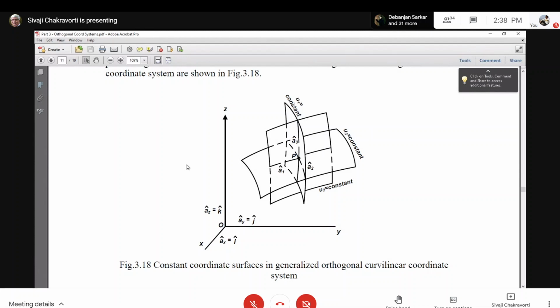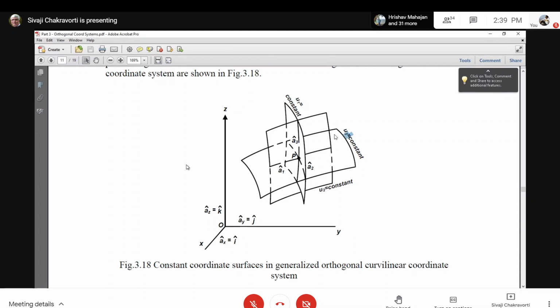One is u1 equal to constant, and then I am having a curved surface. Then u2 equal to constant, once again a curved surface. And then u3 equal to constant, again a curved surface.